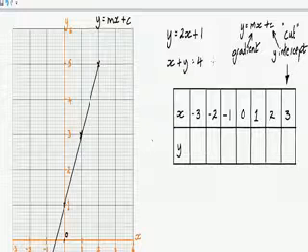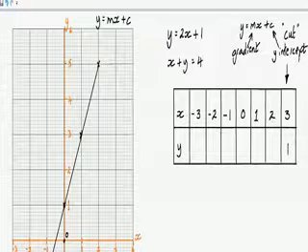Now we can do that, but again, I like to do things fairly quickly, so I always start here. So if x equals 3, then 3 plus something gives us 4. Well, I obviously know that 3 plus 1 gives me 4, so y must equal 1 on this occasion.